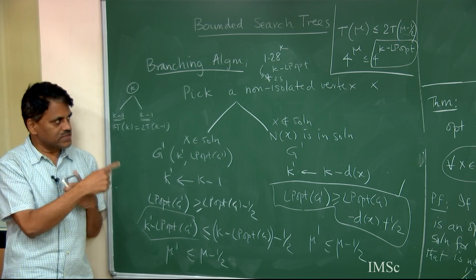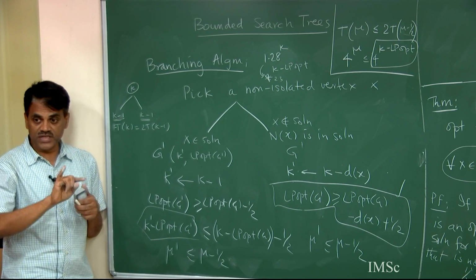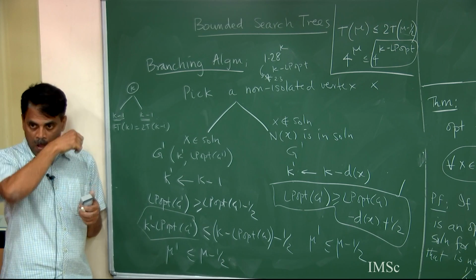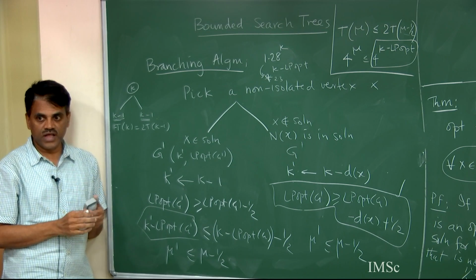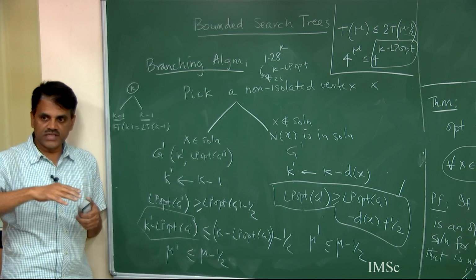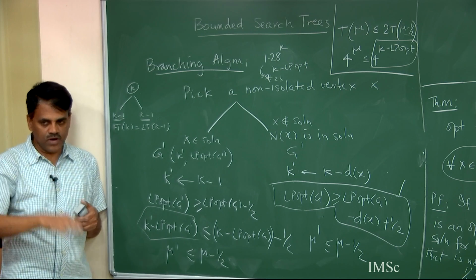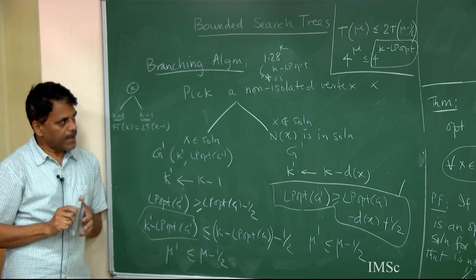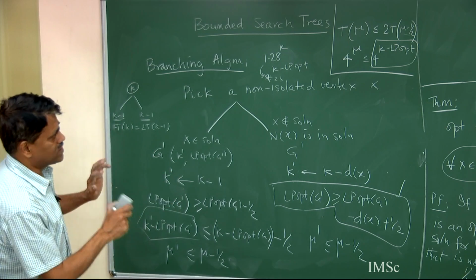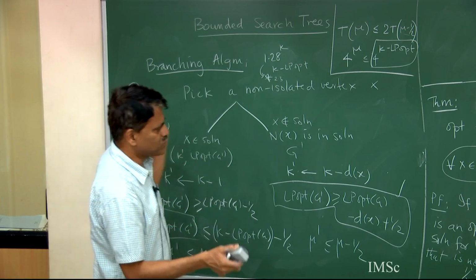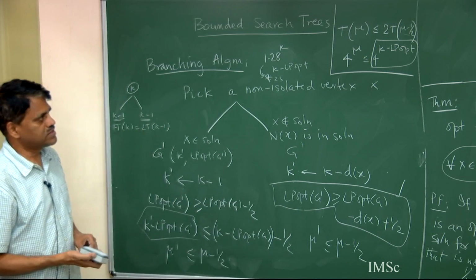But in this case, since the measure is k minus LP, you also have to check carefully that that difference doesn't increase. It remains the same or it drops. I'm not going to do that, but that's another easy exercise based on all these nice LP properties.